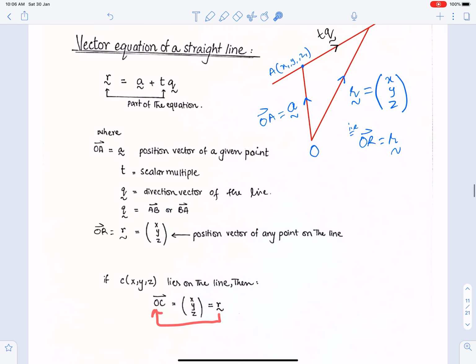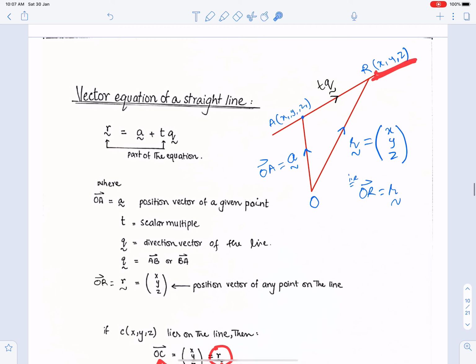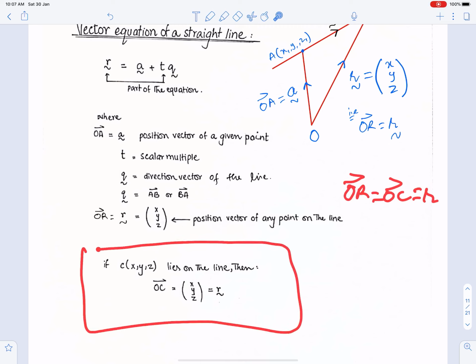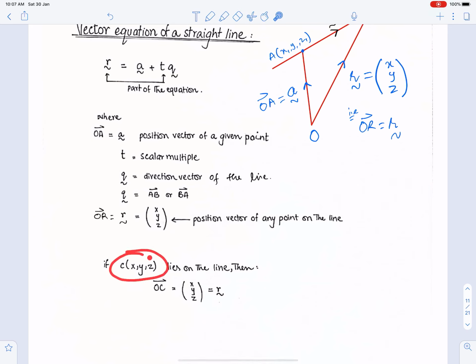If any point is unknown, then R will always be replaced by that point, because the coordinates of R are x, y, z, and the coordinates of the unknown point will also be x, y, z. So we can write OR as OC. This is very, very important. Make sure you always replace R by the unknown point whenever a point is on the line and is required.